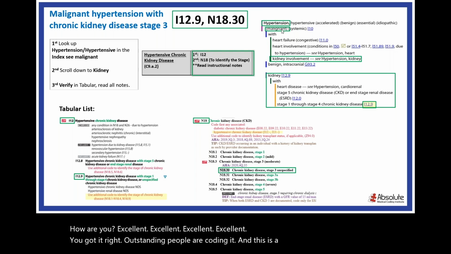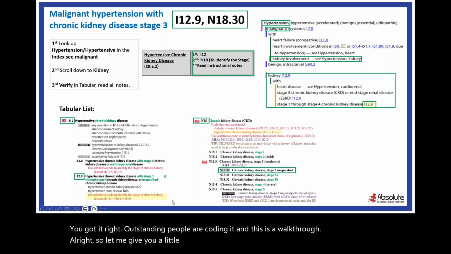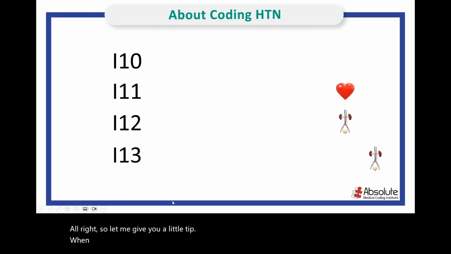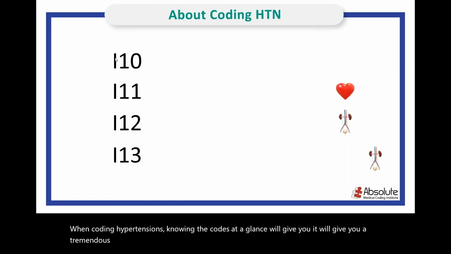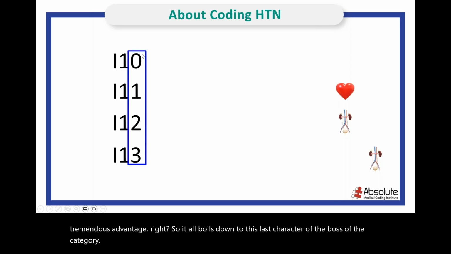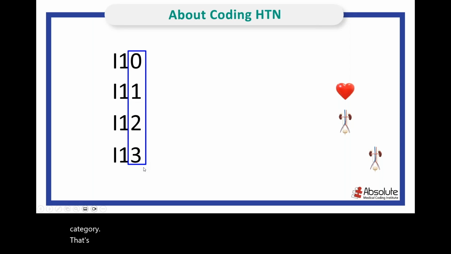All right, so let me give you a little tip. When coding hypertension, knowing the codes at a glance will give you a tremendous advantage, right? So it all boils down to the last character of the category. That's what's different between the codes. So what do these mean?